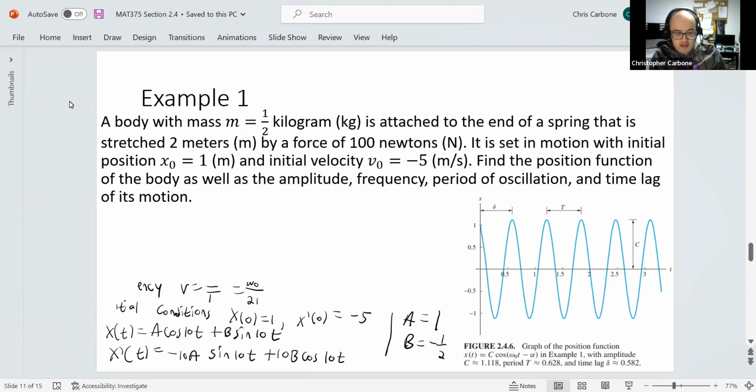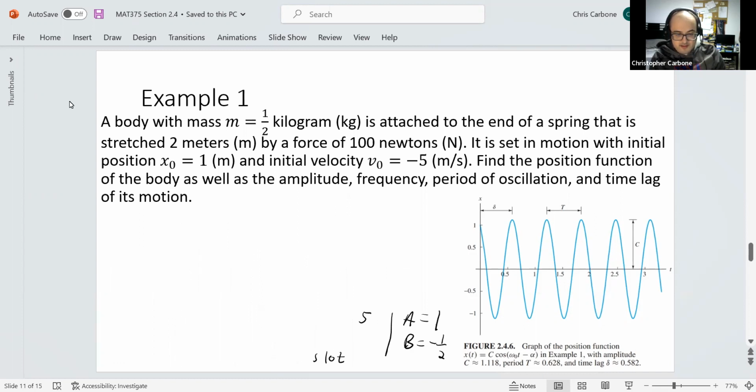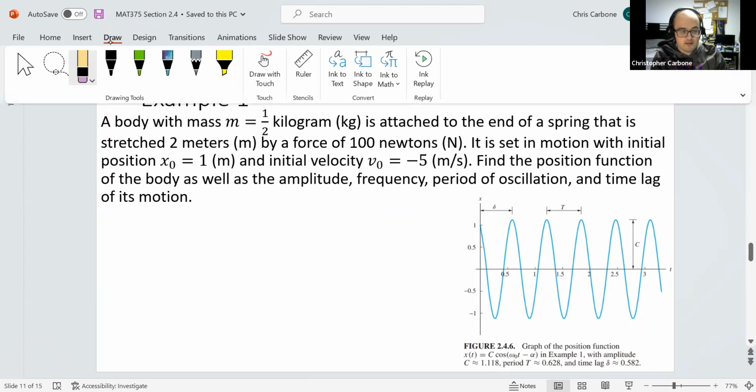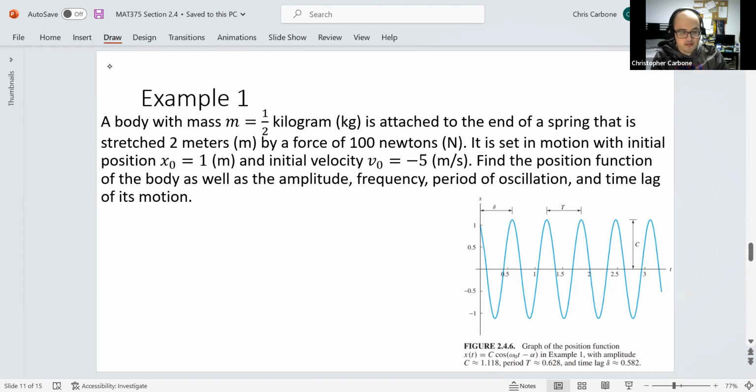So with our value of a to be 1 and b being negative 1/2, we could write that particular solution as being, in our case, x of t is equal to the cosine of 10t minus 1/2 times the sine of 10t.